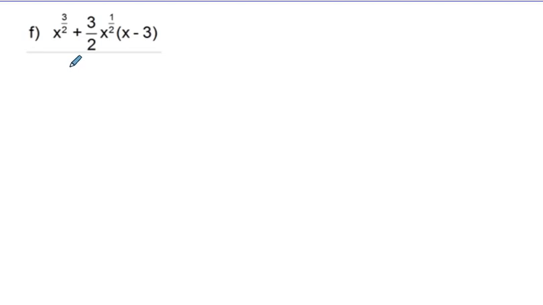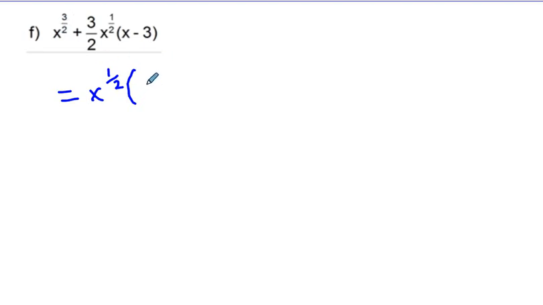Okay, well, let's look at this. What do we have here? Our greatest common factor is going to be our lowest power of x. So that's going to be just x to the 1/2 power. x to the 1/2 power times what equals x to the 3/2 power?